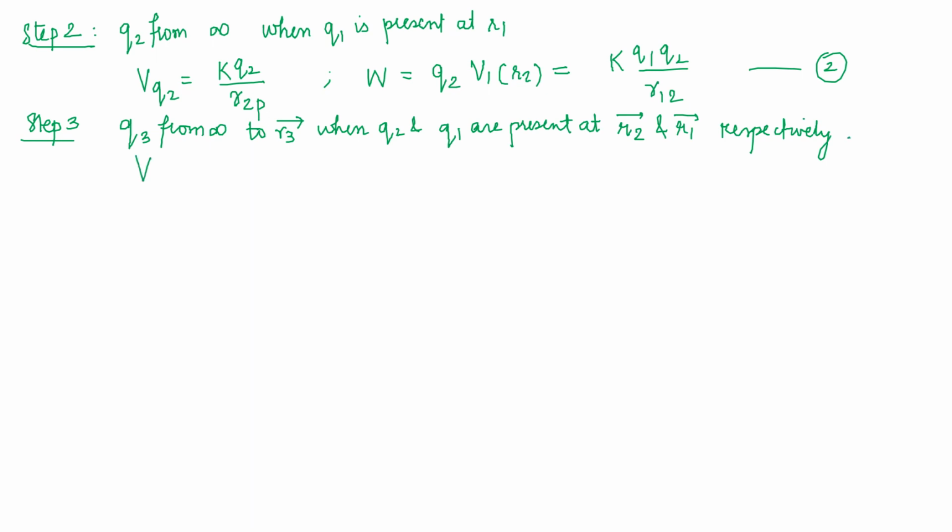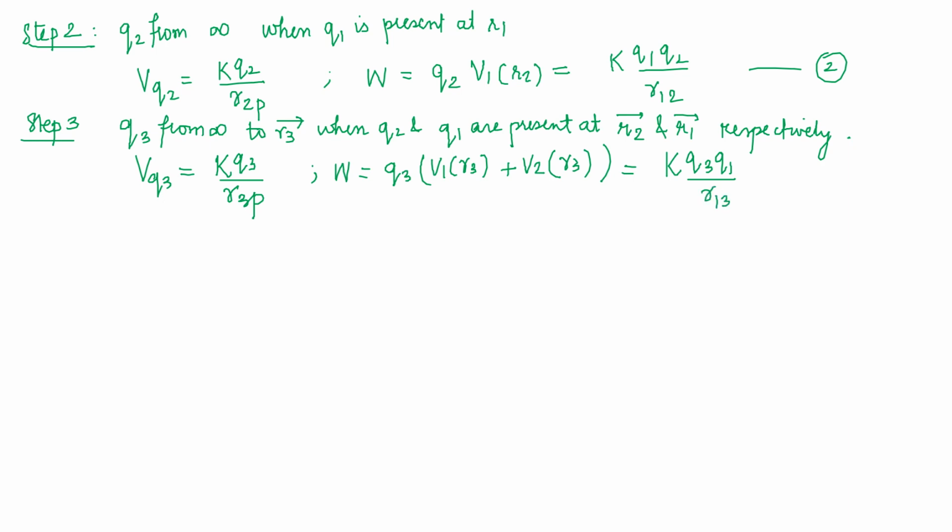So the potential due to q3 that is created equals kq3 upon r3p, and the work done will be q3 into v1 at r3 plus v2 at r3, and it is equal to k into q3 q1 upon r13 plus k into q3 q2 upon r23. So this is the third equation.